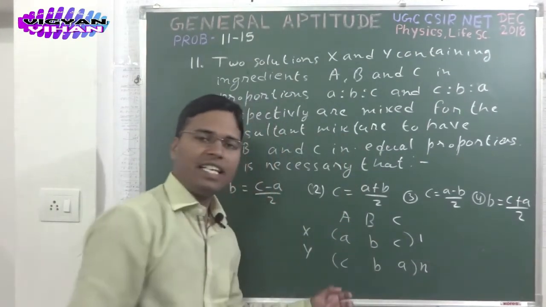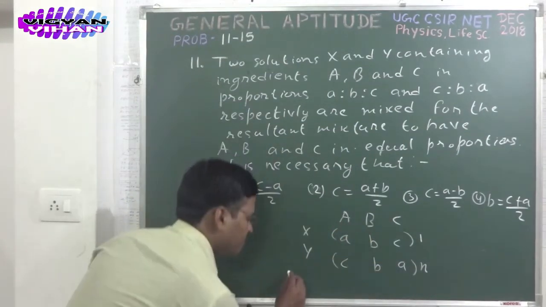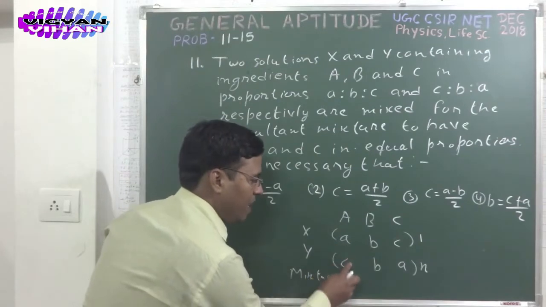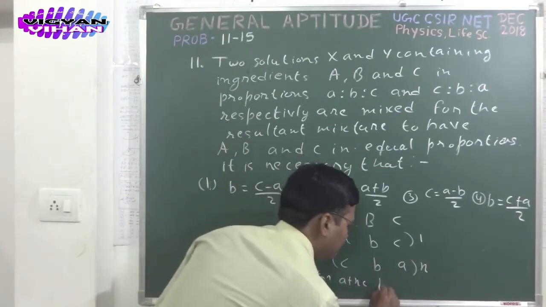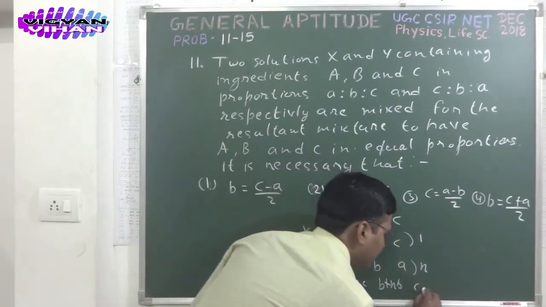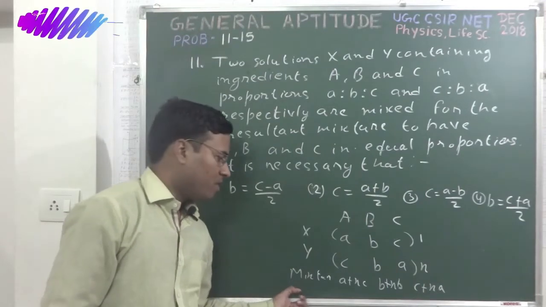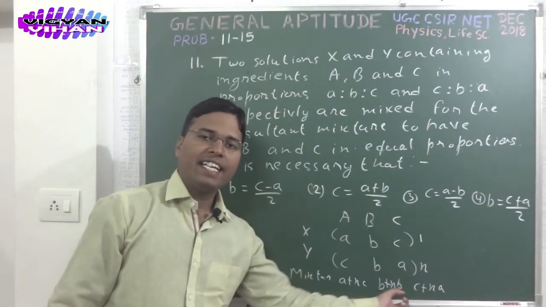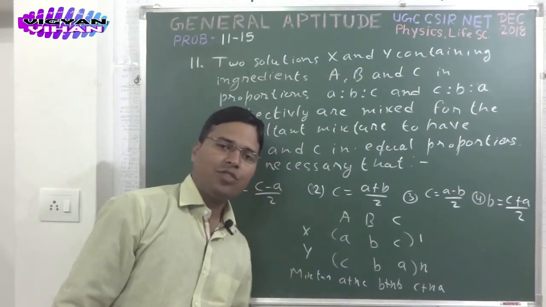In that condition, in the mixture, the ratio of A, B and C would be A plus nC, B plus nB, C plus nA. According to this given problem, in this mixture, all the three ingredients are in equal proportion.